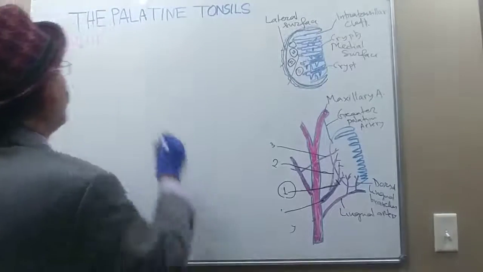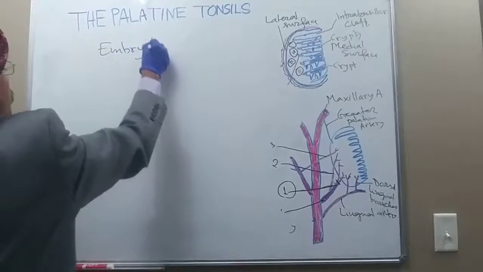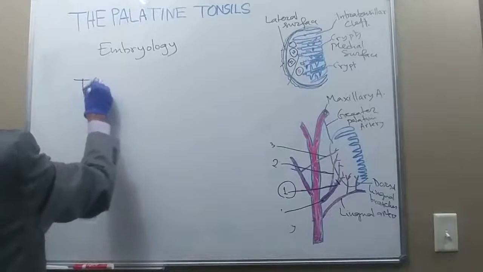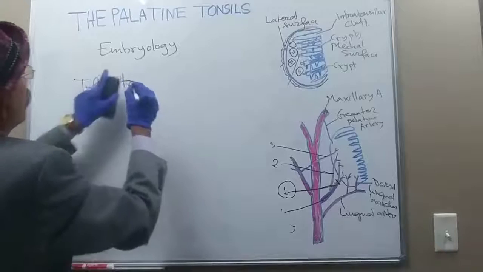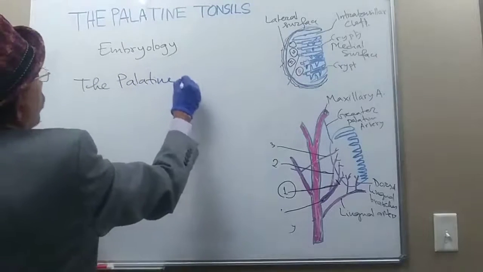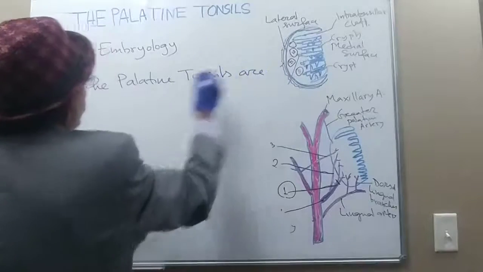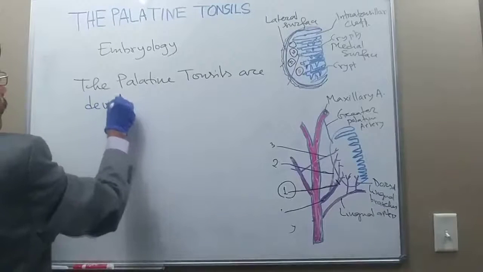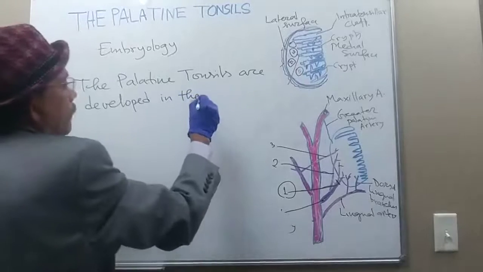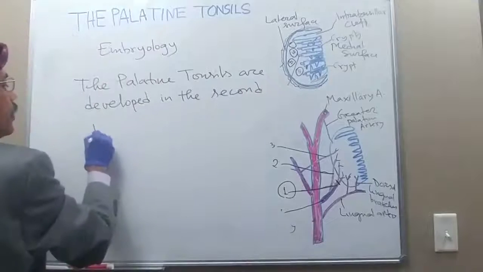We go to the embryology. Embryology or development. Okay, the tonsils, we can call them the palatine tonsils, are developed in the second pharyngeal pouch.